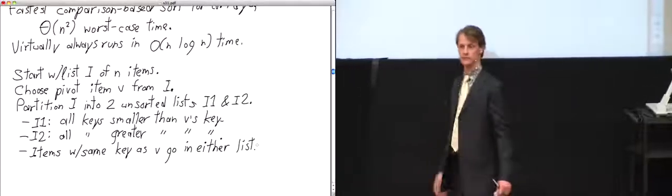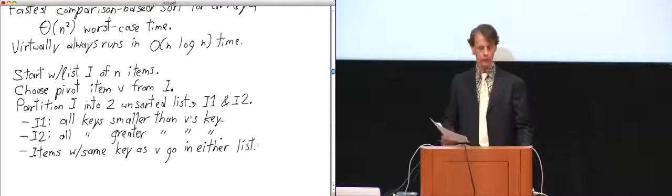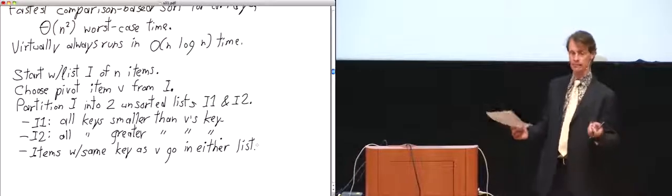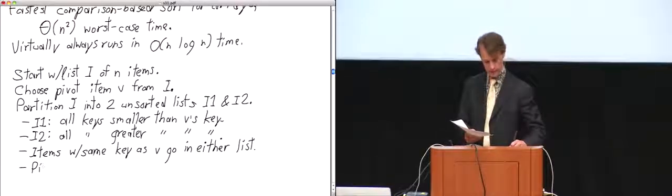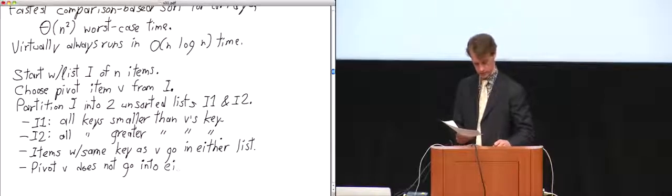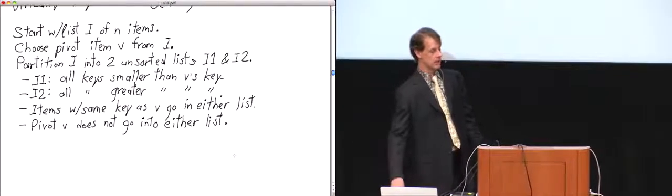So that's why we're going to put off talking about that till later. However, whatever you do with items that have the same key as the pivot itself has to be treated specially. The pivot does not go into either list. And that's very important. So that is how we partition items.